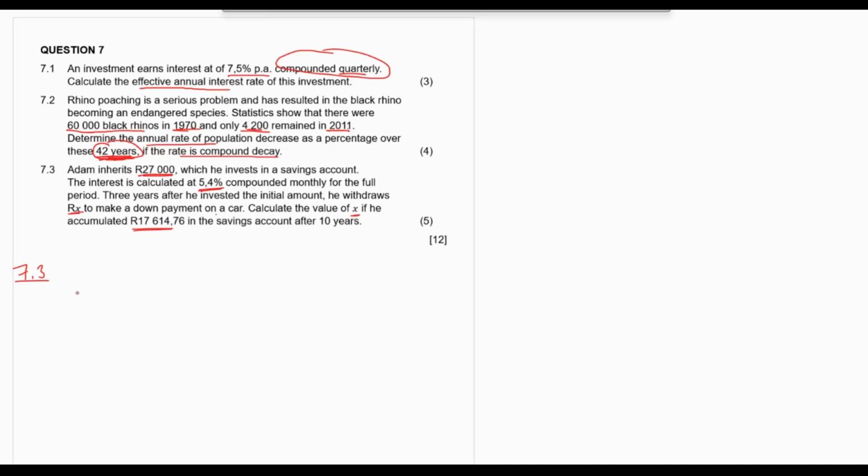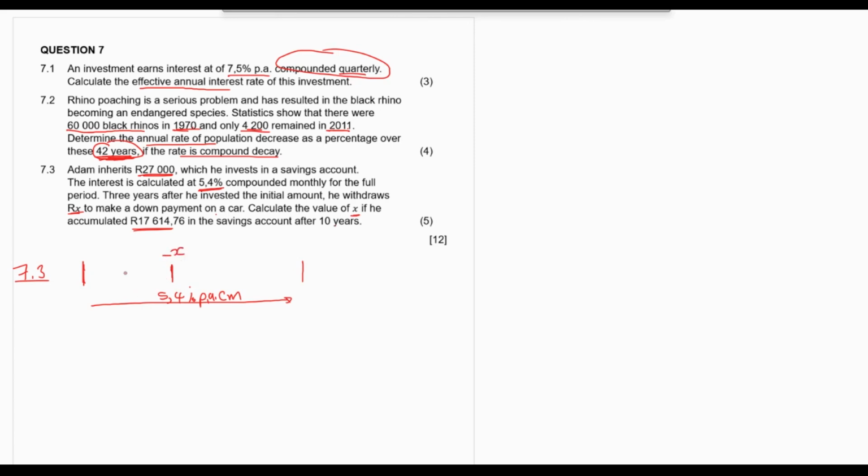Right, the best thing to do here is to use the timeline. The interest rate does not change, so from the beginning up to the 10th year, the interest rate is just the same. This is 5.4% per annum compounded monthly. At 3 years, x rands is withdrawn, so there's minus x here.